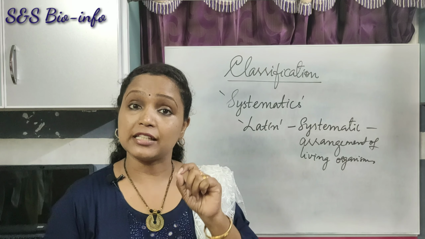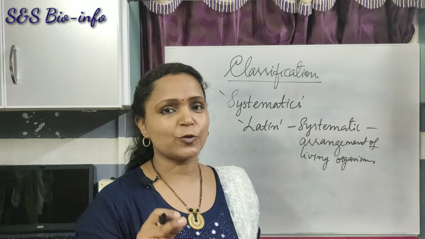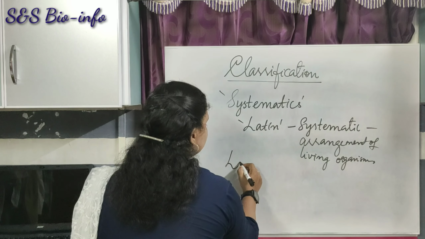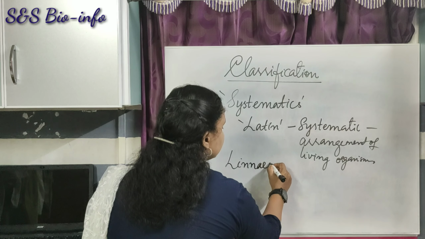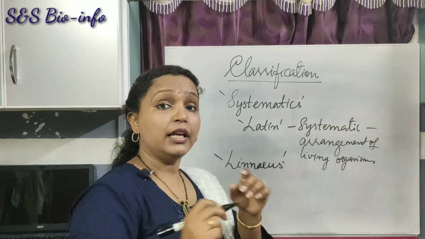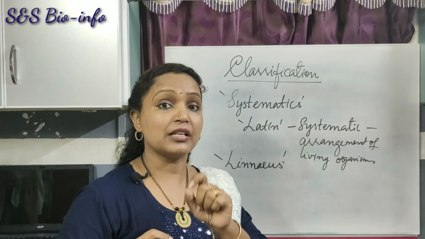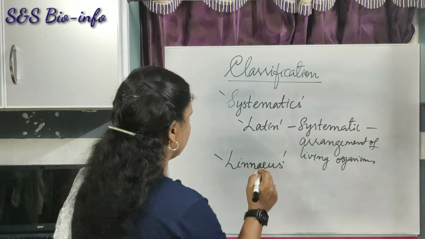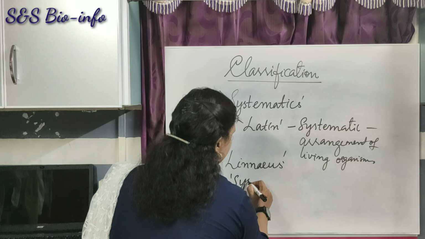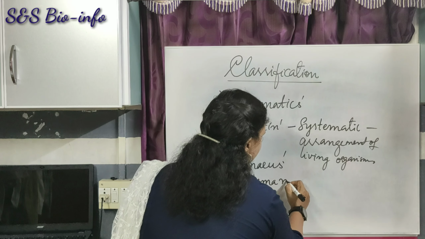The word systematics was also proposed by Linnaeus. He used this particular word in his publication Systema Naturae at first.